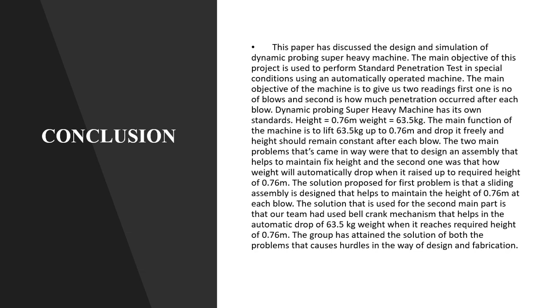The two main problems were the design and assembly that help to maintain a fixed height, and how the weight will automatically drop when it rises to the required height. The solution proposed for the first problem is the sliding assembly design, and for the second we have designed a bell crank mechanism which helps in automatic drop-off of the weight from the fixed height of 0.76 meter.